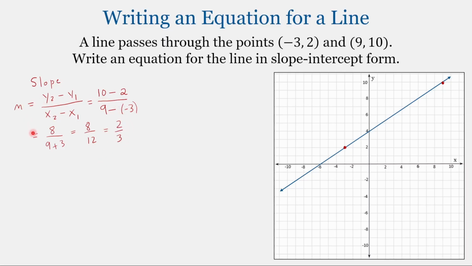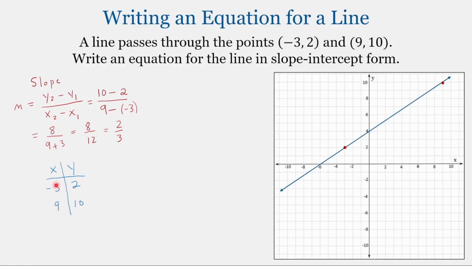Again, this is one way of finding the slope of this line, but it's not the only way. Another way you can find the slope is you can go ahead and make a table of values. So we'll make an xy table. We have an x value of -3, and its corresponding y value is 2. And then an x value of 9 with a corresponding y value of 10.